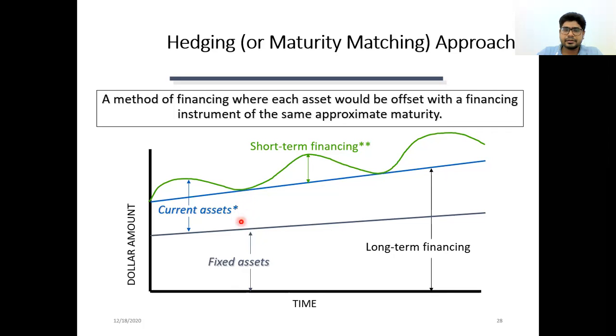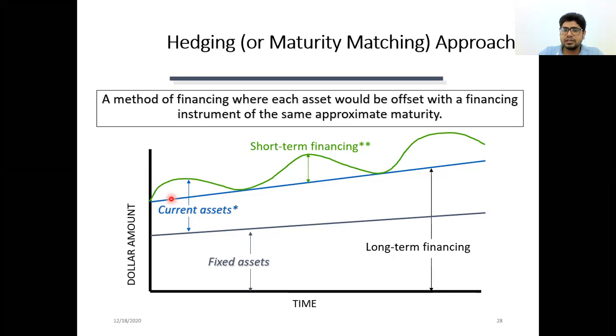Fixed asset plus current assets equal total assets. The first line represents fixed assets, we are not concerned here because we are dealing with current assets. And above the fixed asset, we have current assets. Again, the current assets are divided into two parts.